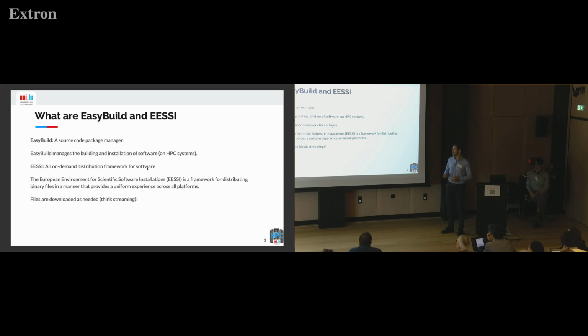And then Easy is a framework that builds on top of EasyBuild, and it's designed to distribute software on demand. So basically think of it as streaming software. You just access the software, and it automatically loads the components of the binaries that you actually need.